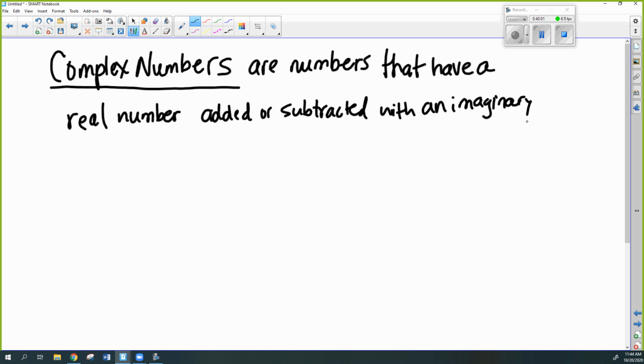Okay, so we've looked at imaginary numbers now. Those are numbers with i's. Okay, so real number and imaginary number.